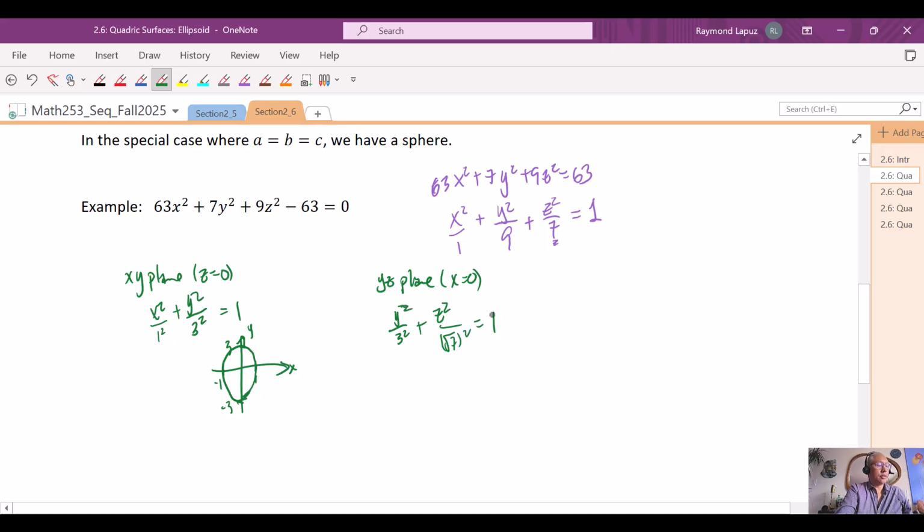And I believe square root of 7, if I look at my calculator, is 2.645-ish, 2.65 approximately. So I would draw on the yz plane, the y going through 3 and the z going to about 2.65.